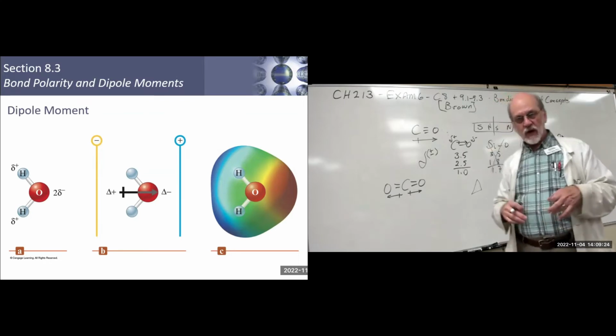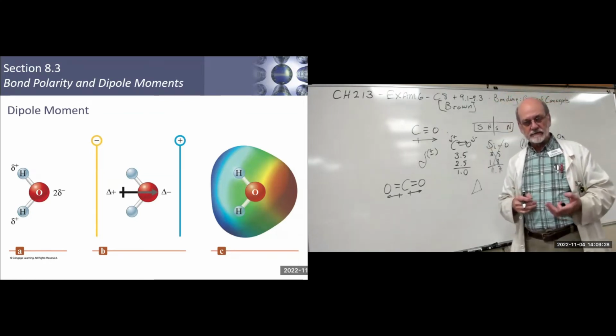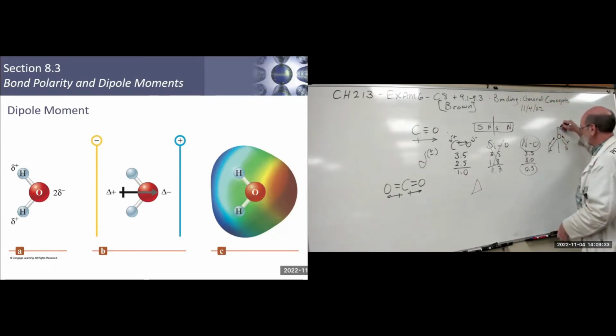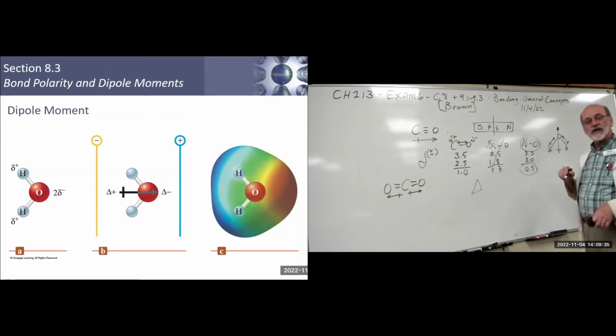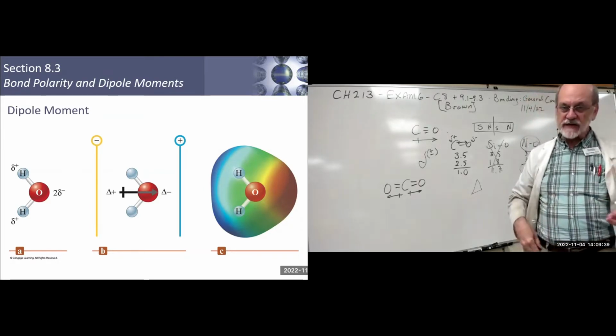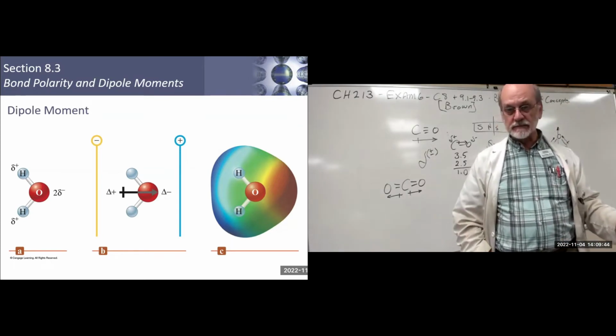So they do what we call in physics, we perform a vector addition. So what's the resultant of these two? It goes this way. So the whole molecule is polar in that direction. The oxygen side is slightly negative and the hydrogen sides are slightly positive.